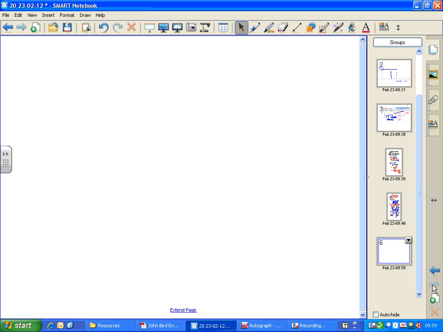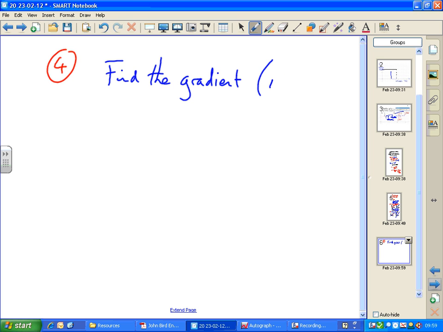Okay, so number 4, find the gradient of the line. M for the gradient. The letter M is used pretty well universally to represent the gradient.